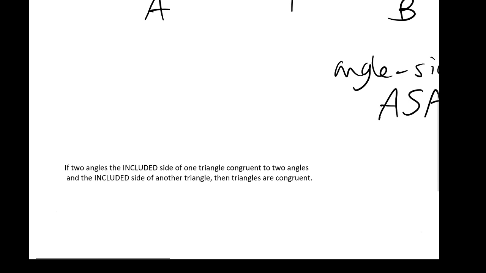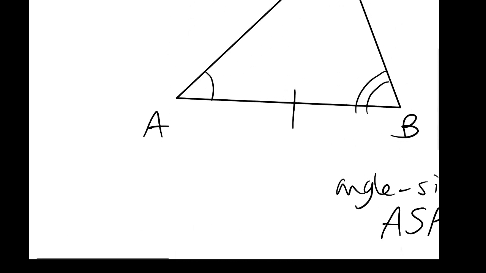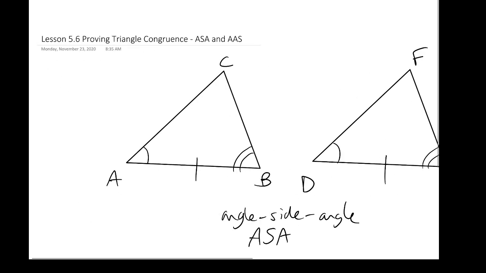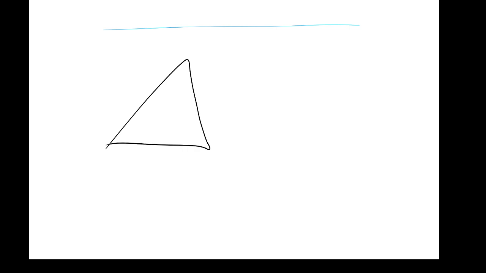Now, almost as a corollary, remember when we learned about corollaries, it was something that had a self-evident truth to it. The funny thing is that if angle side angle is true, think about the following. The third angle theorem is going to automatically make the third angle congruent when we have two sets of congruent angles. So what we can have instead is the following. Let's take two more triangles.